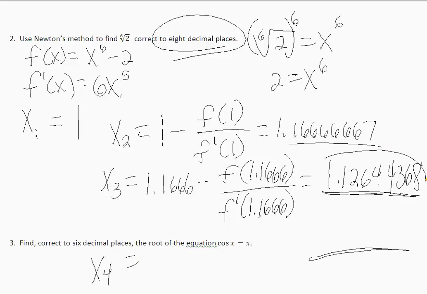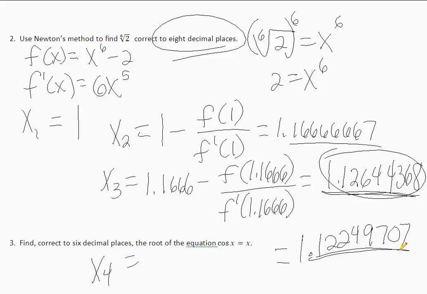You'd use this number, and x4 comes out to be 1.12249707. So I'm getting closer, 1.12, 1.12. I need them all the same to 8 decimal places. That's when I can stop. And if I do x5, x6, I actually get there.